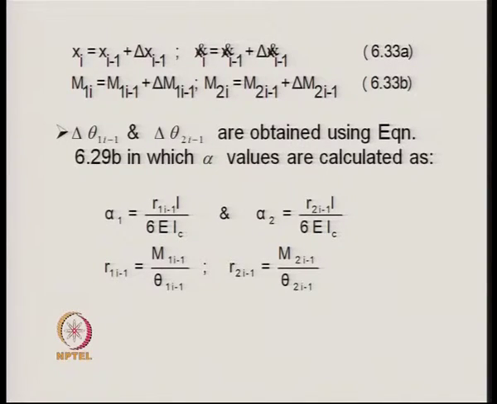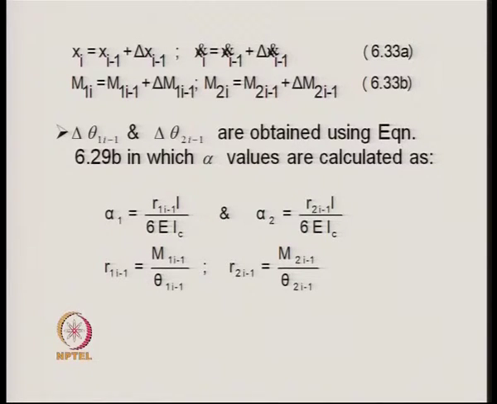And once we get the values of r 1 I minus 1 and r 2 I minus 1, then those values are used to calculate the values of alpha 1 and alpha 2 for calculating the value of delta theta 1 I minus 1 and delta theta 2 I minus 1. And once we get those values, then with the help of those incremental rotational values and the incremental displacement, one can calculate delta m 1 I minus 1 and delta m 2 I minus 1.